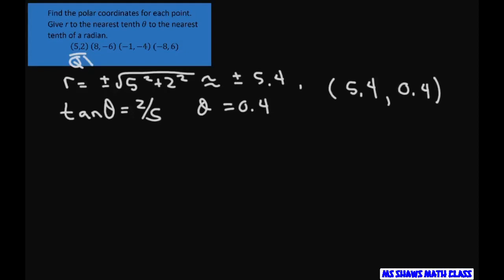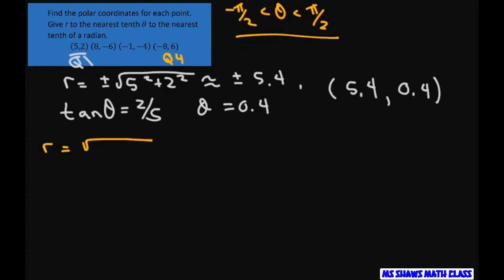Now the second one, we're in quadrant 4. So this one we don't have to change either, because remember our restrictions are from negative pi over 2 to pi over 2. So this one's fine. So we have r equals plus or minus the square root of 8 squared plus negative 6 squared, which gives you plus or minus 10.